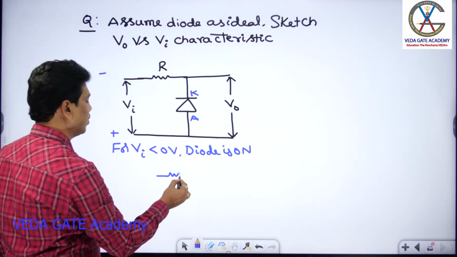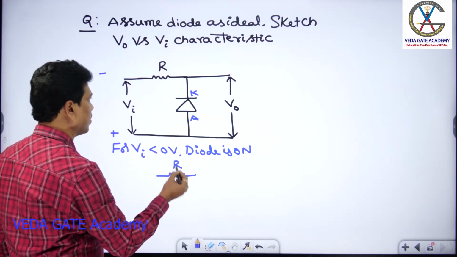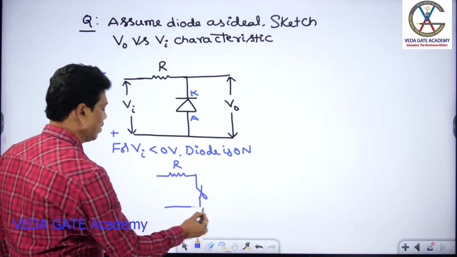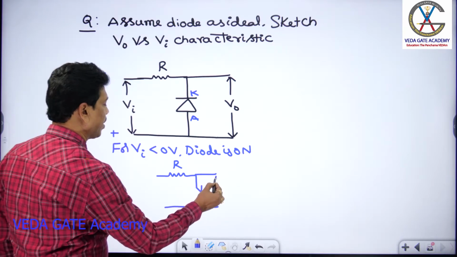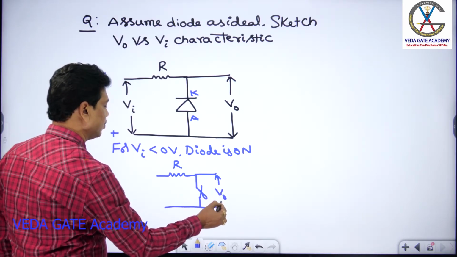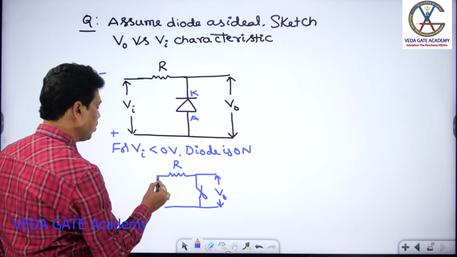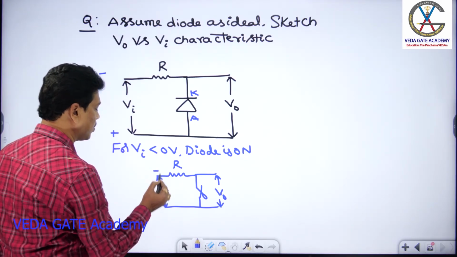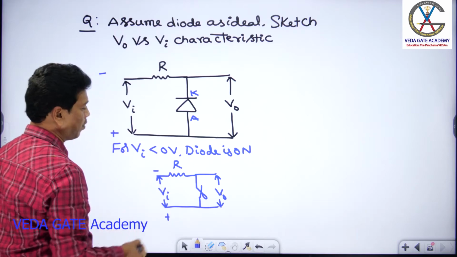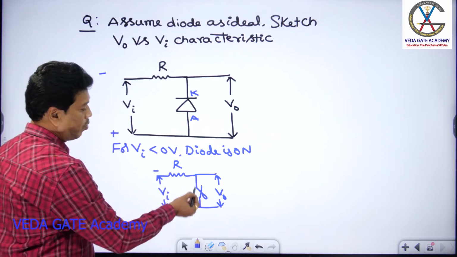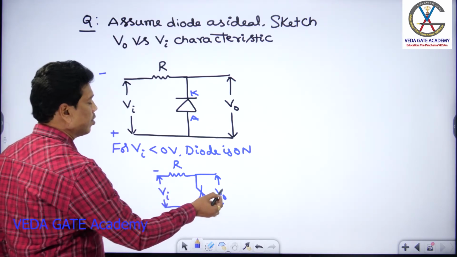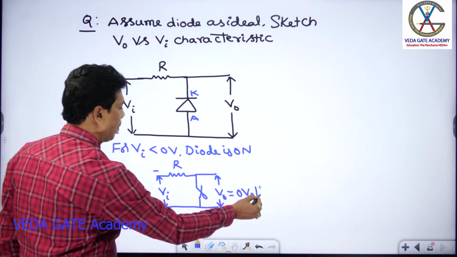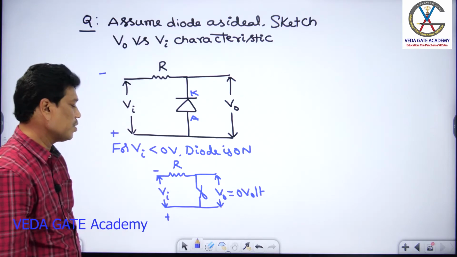This is the equivalent model: this is R, the diode is ideal so there is no cut-in voltage, this is V0, and this is VA. Because it is short circuited, the output voltage V0 equals 0 volt.